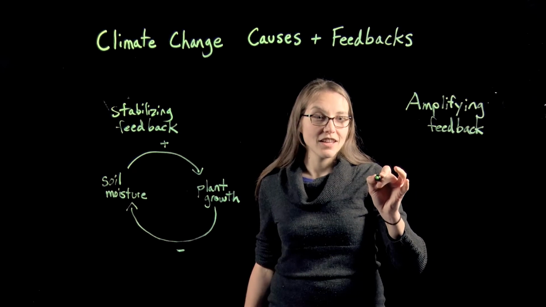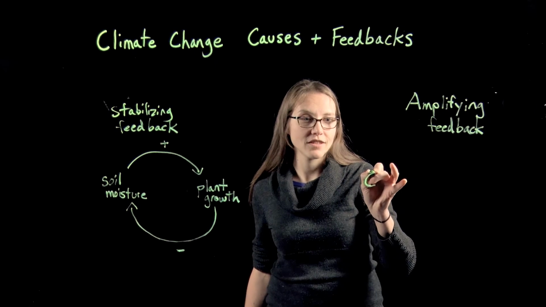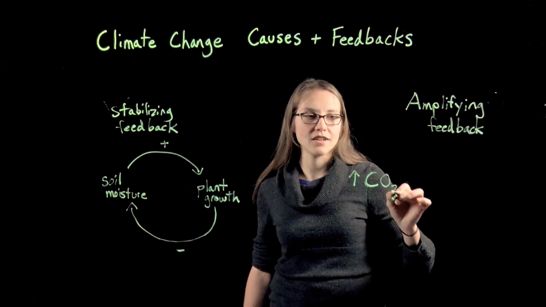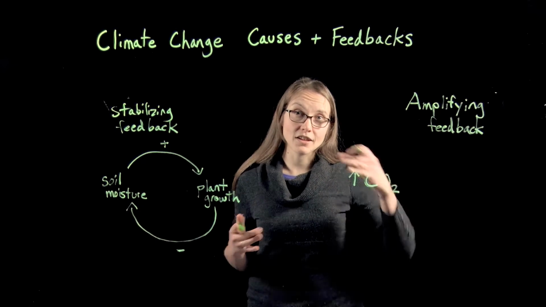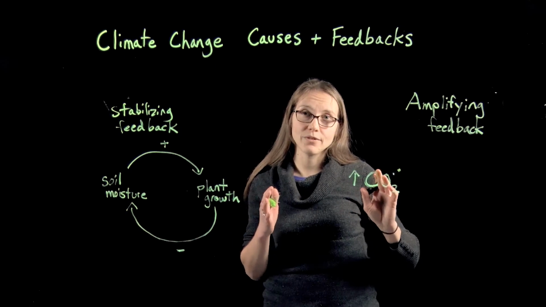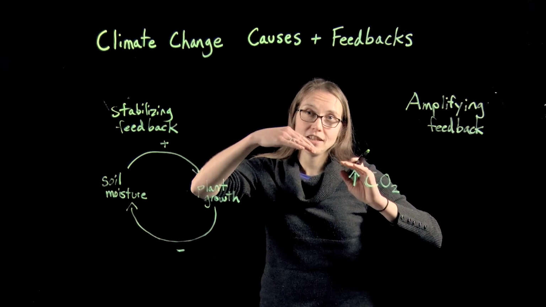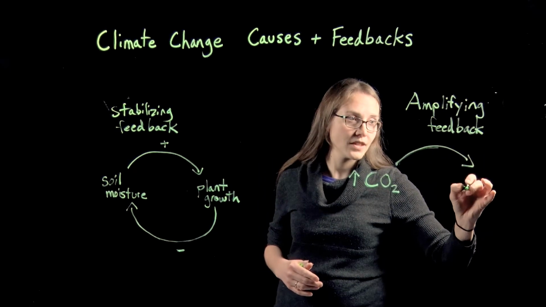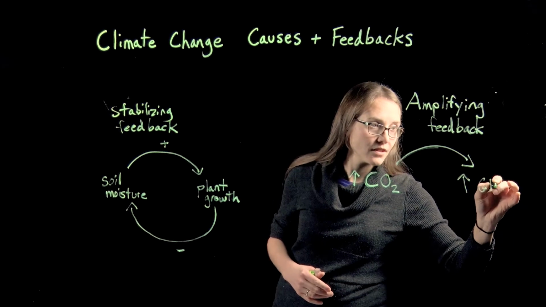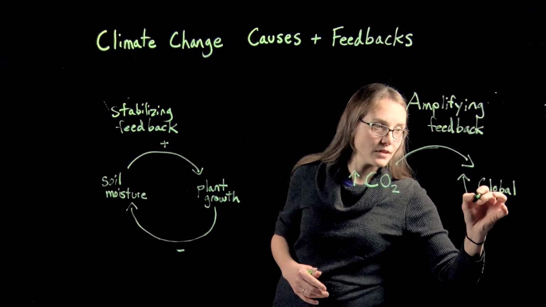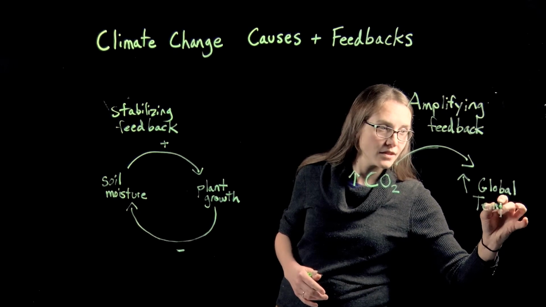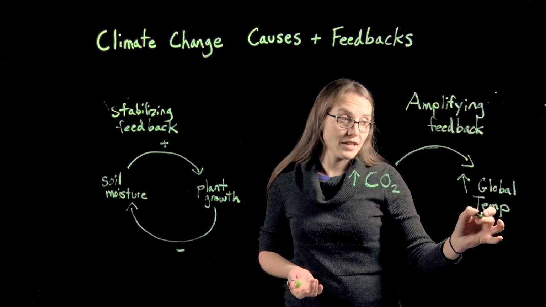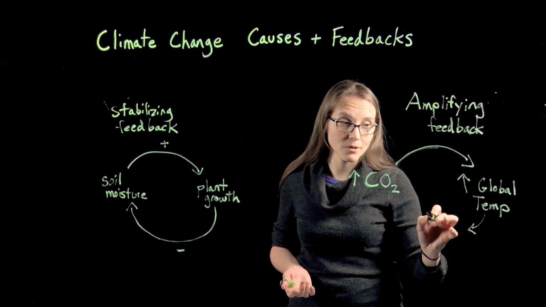So we know that carbon dioxide is increasing in our atmosphere, which is allowing that greenhouse effect to hold greater amounts of heat on our planet. So that leads to an increasing global temperature. So the increasing global temperature could have effects such as thawing the permafrost.